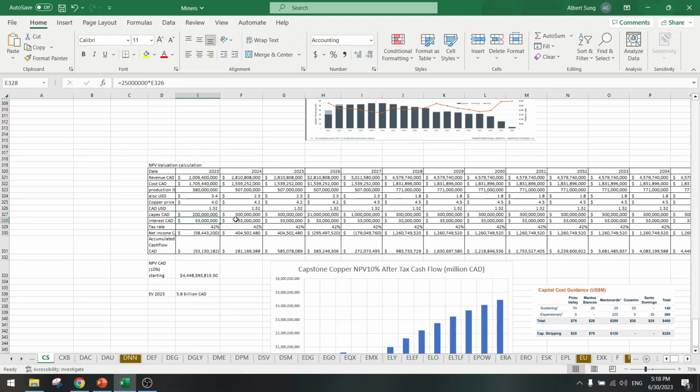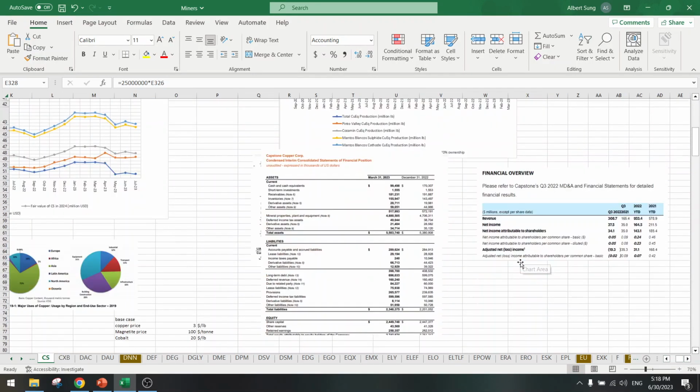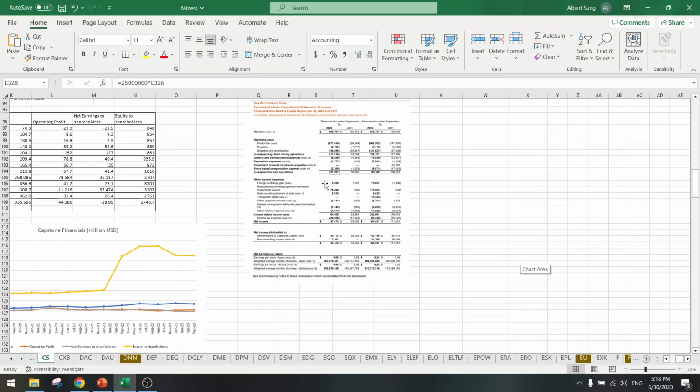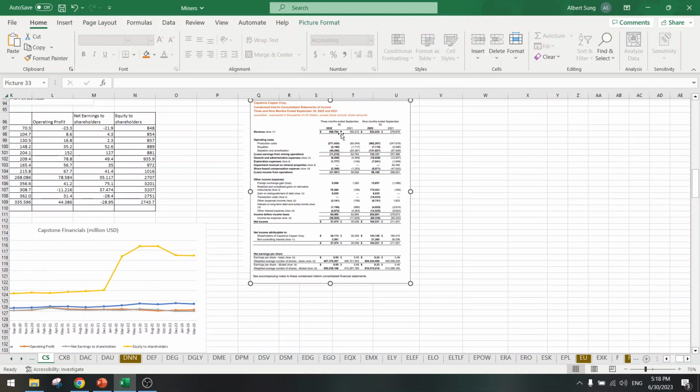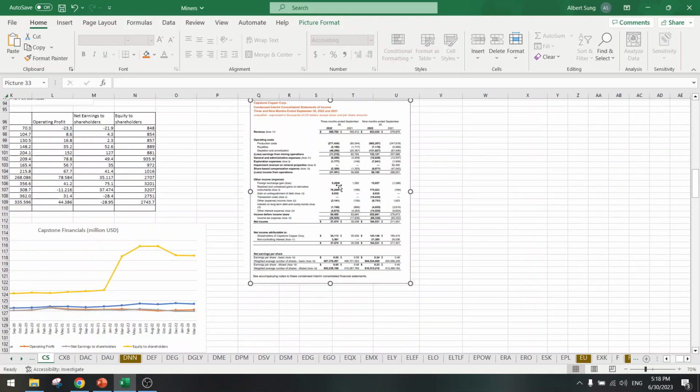Then what's the interest? Yeah, the interest, you need to go to CDAR and find the financials. So this was the latest financials on CDAR. And you can see the finance costs, interests are around 6 million per quarter.